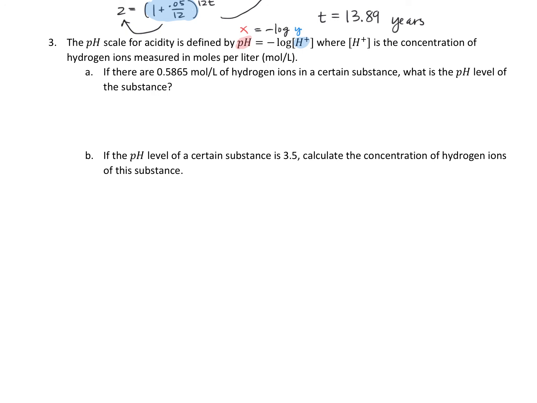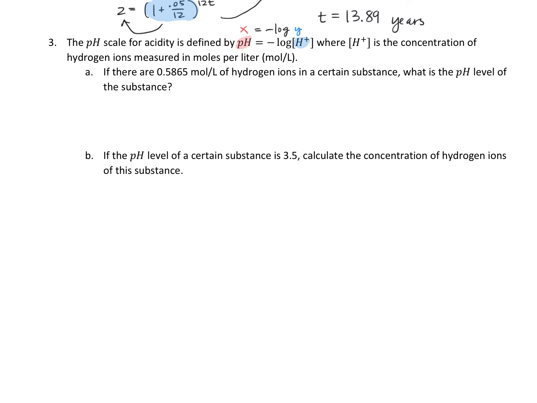So it's just two variables. It looks really confusing with the pH and the H plus, but it really is just X equals negative log of y. So if you know that, you're going to either have to be given the pH, which you would plug in for X, or you're going to have to be given the concentration of hydrogen ions, which you would plug in for y.